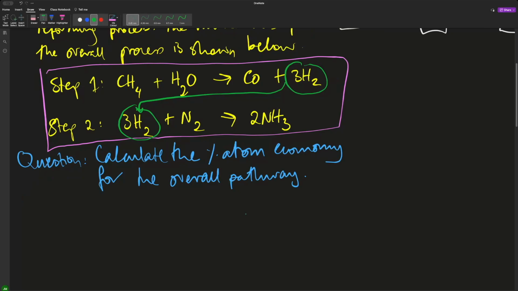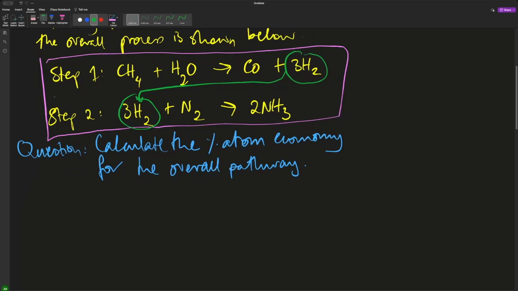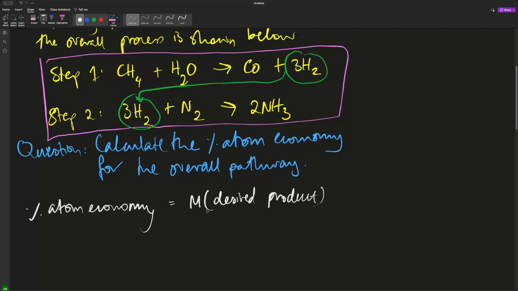To do this, we need our equation. Percentage atom economy is equal to the molar mass of desired product divided by the molar mass of all reactants, multiplied by 100.